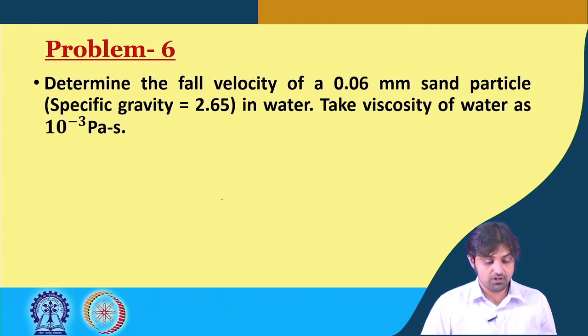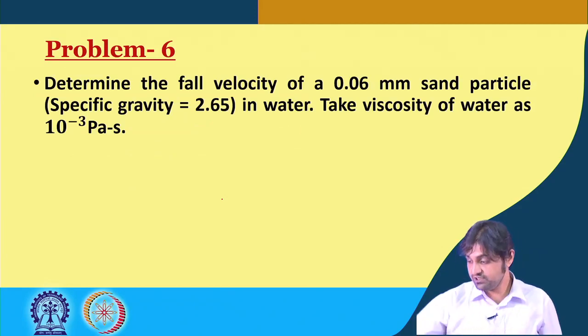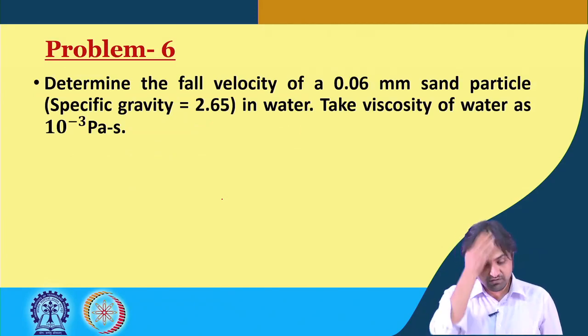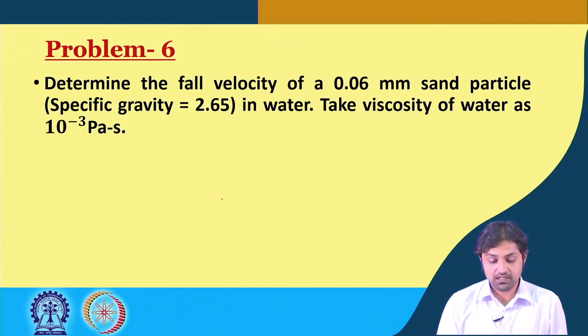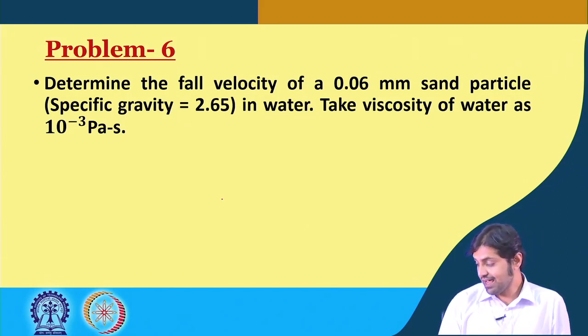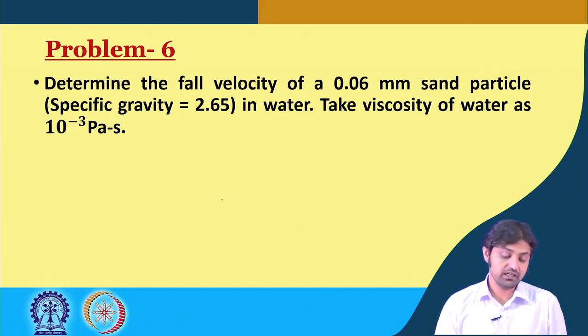Now, we will solve a problem. The question says: determine the fall velocity of a 0.06 millimeter sand particle, specific gravity 2.65, in water. Take viscosity of water as 10 to the power minus 3 Pascal second. This is as simple a problem as it can get.